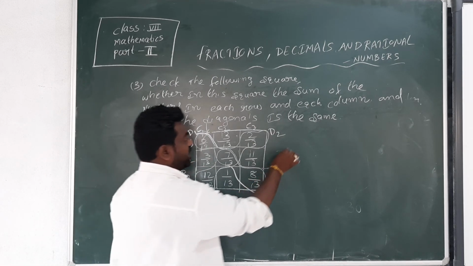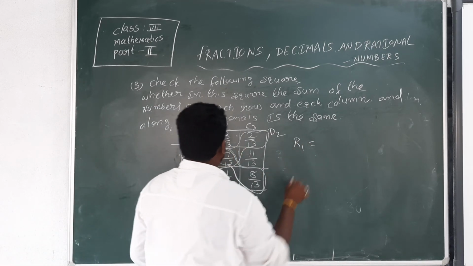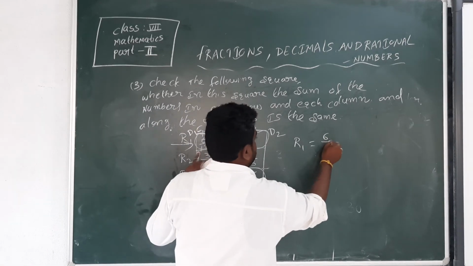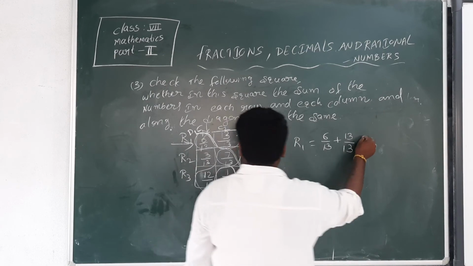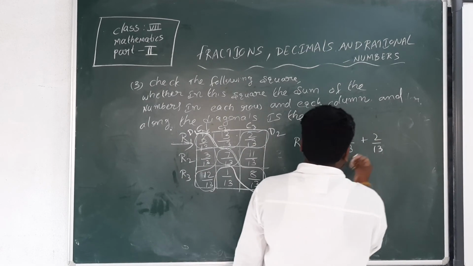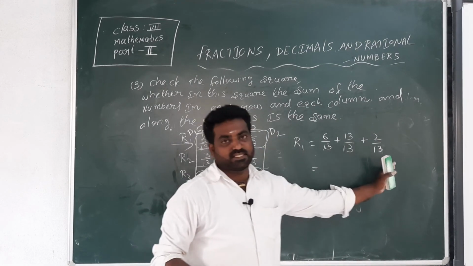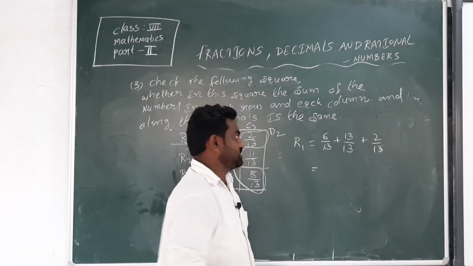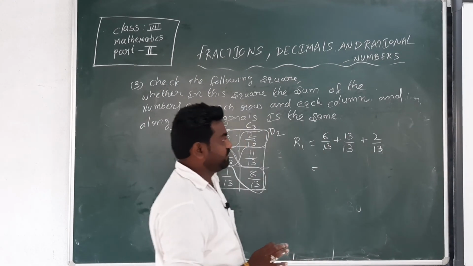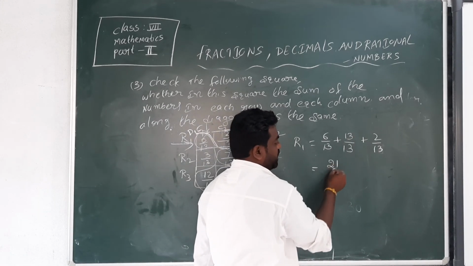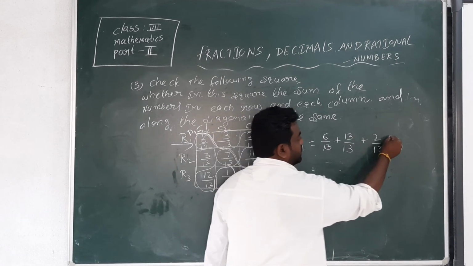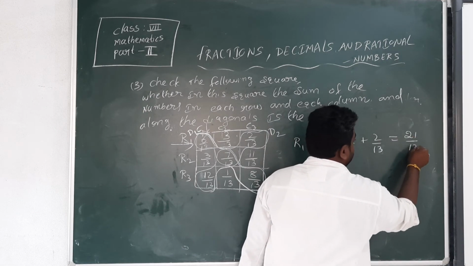First we add R1: 6 by 13 plus 13 by 13 plus 2 by 13. Here the denominators are the same, so we add numerators. 6 plus 13 is 19, 19 plus 2 is 21, so 21 by 13.